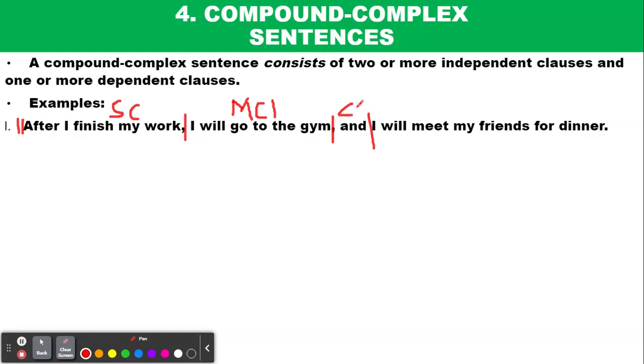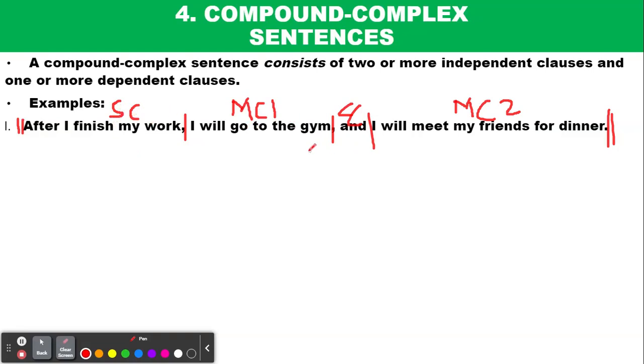Then this is a coordinating conjunction, and I'll meet my friends for dinner is main clause 2. So in this sentence, we have two main clauses, MC1 and MC2. Then we have one subordinate clause, which is SC here.